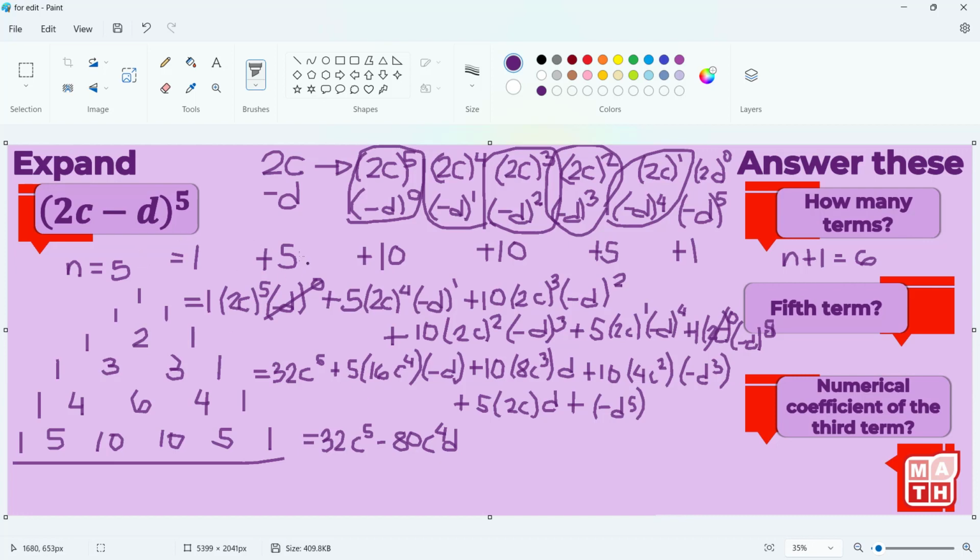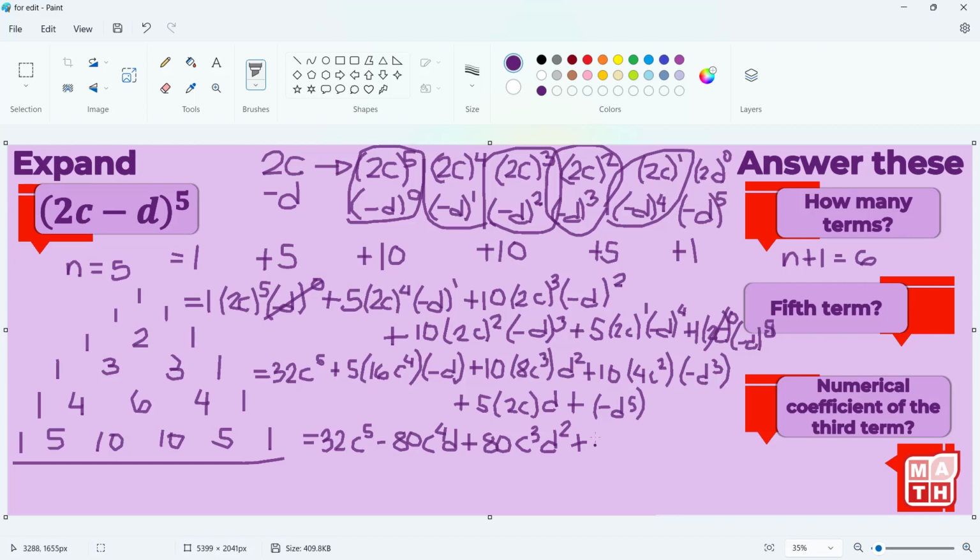That is why no need to worry if we use plus signs here, because it will be changed as well. So you have here plus, still 80 if I'm correct. 80c cubed, sorry, this is d squared. My bad. So as you can see, I also have some corrections to be made.